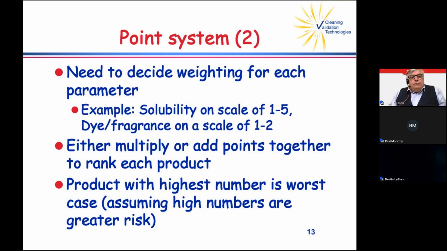So each of those factors that you select, and you can select the factors that are appropriate for your particular products, the ratings for them are either multiplied together or added together to rank each product, and the product with the highest number, either by multiplying everything together or adding everything together, is the worst case, assuming that higher numbers are a greater risk.